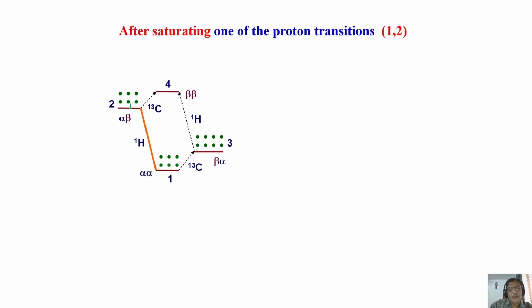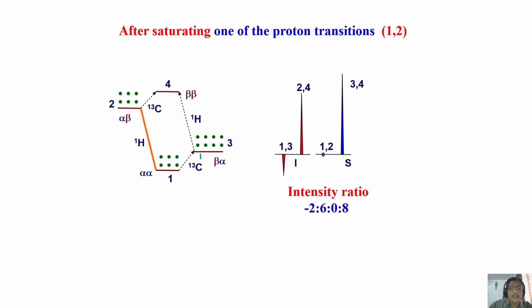The populations which were 10 and 2 here, I made equal, 6 and 6. That's all. We saturated only one proton peak. See the effect now and calculate the intensity ratio. The peak I saturated has intensity 0, whereas in the other case the signal, 8 minus 0, remains the same. It is not affected at all.